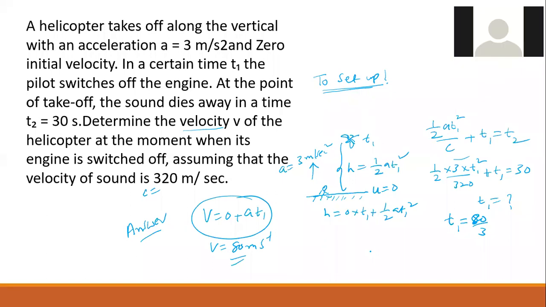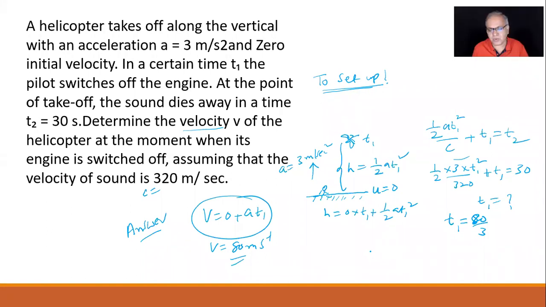Sir, it is given that a helicopter is moving vertically upwards. But remember, it has got an acceleration upwards, 3 meters per second square. So the first doubt people will get here: where is g here?